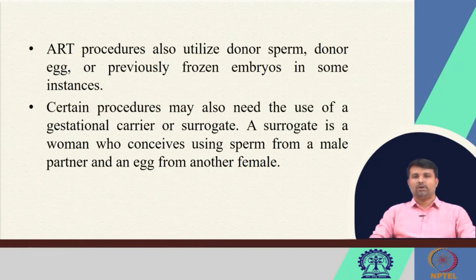ART procedures sometimes use donor sperm, donor's egg, or previously frozen embryos in some instances. Certain procedures may also need the use of a gestational carrier or a surrogate. A surrogate is a woman who conceives using the sperm from a male partner and an egg from another female.